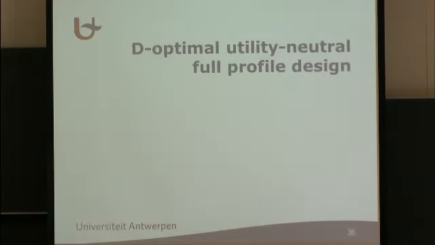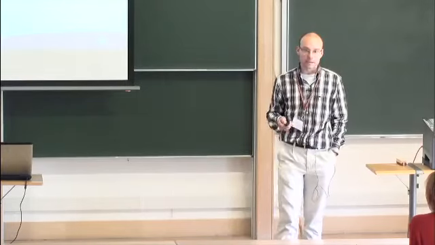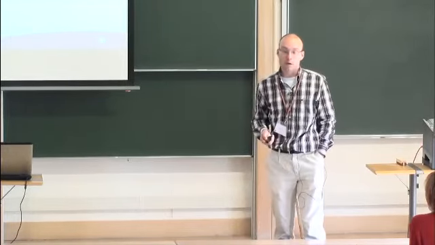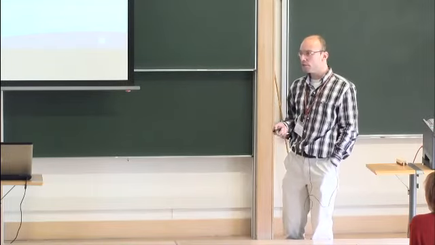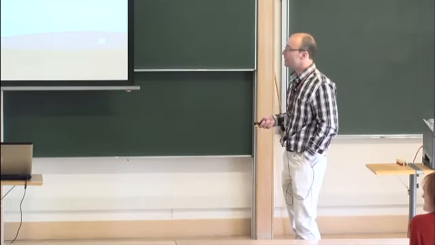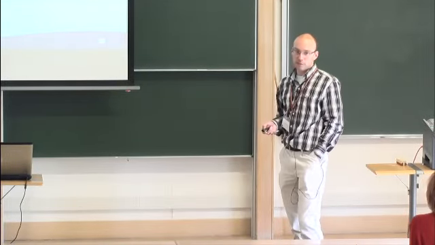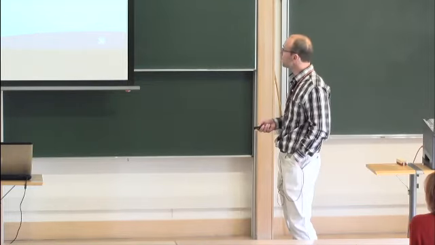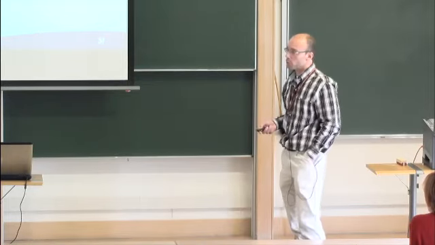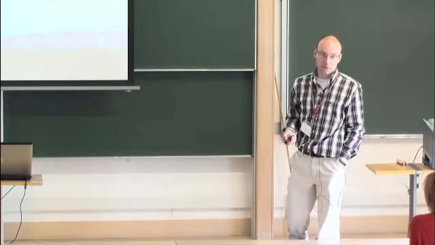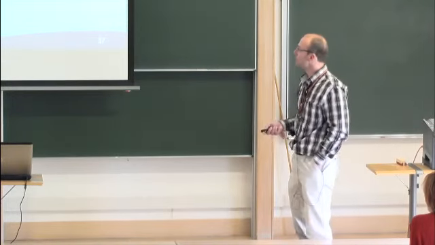All the designs I've shown you so far are designs that we obtained using that Bayesian d-optimal design approach. We also did the same exercise using our algorithms, but this time assuming that beta is equal to 0. So taking the utility neutral approach, we also calculated optimal designs for the same scenario.